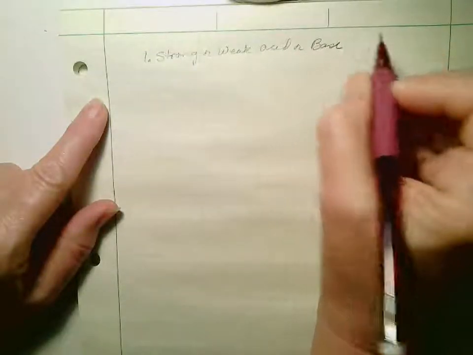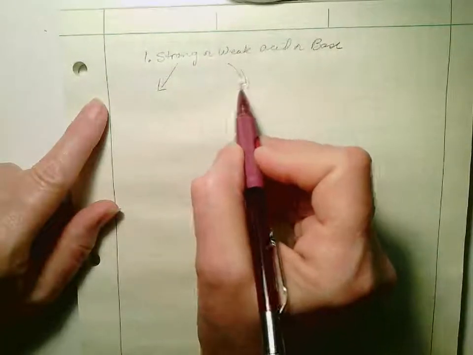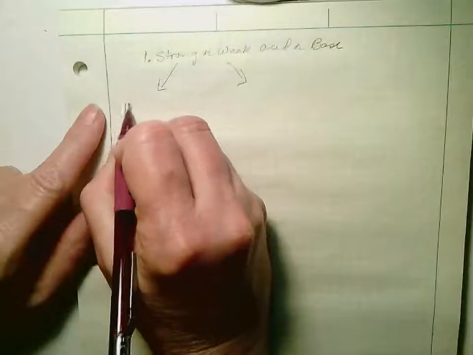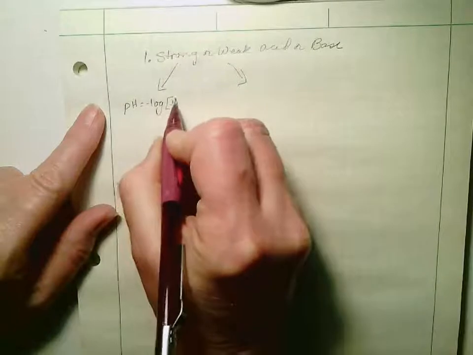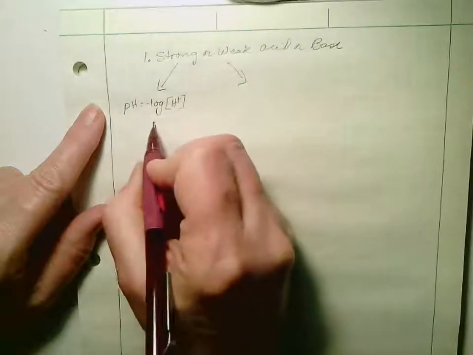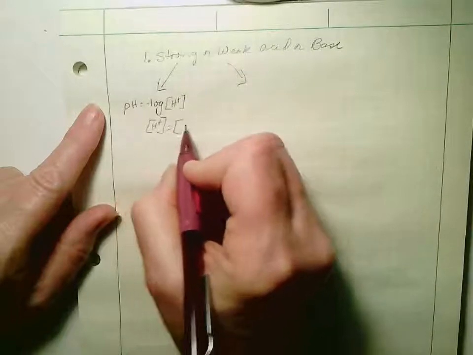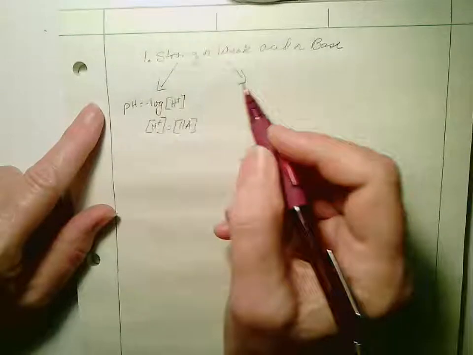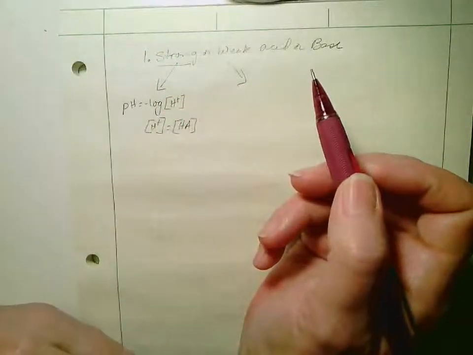Once you know whether it's strong or weak, those two decisions will take you different places. If it's strong, you can just directly calculate that pH equals negative log of the hydrogen ion concentration, and that hydrogen ion concentration will be equal to the concentration of whatever your acid is, because the definition for strong acid is it completely dissociates.